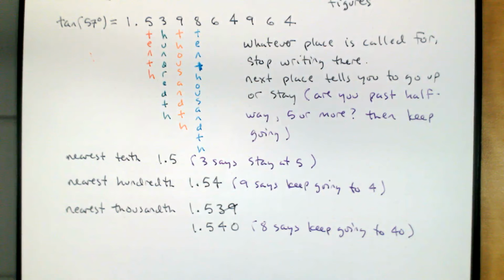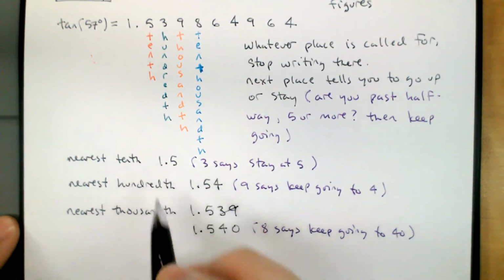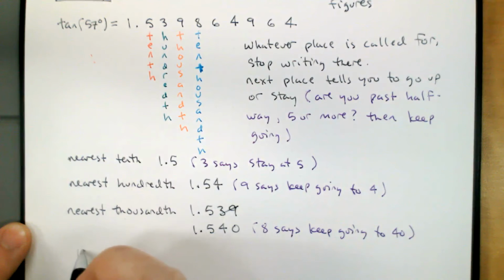So we really want to imagine the number line when we're trying to decide how to round. It's always between 2. This first one, the question is, do we do 1.5 or 1.6? The next one is 1.53 or 1.54.